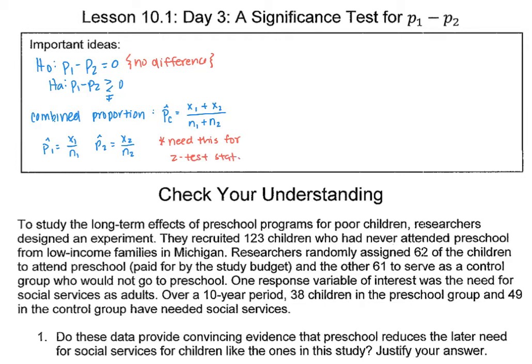We also used the mean of a sampling distribution of a difference of proportions. And the standard deviation of our statistic is going to be the square root of our combined proportion, instead of using the individual p hats.